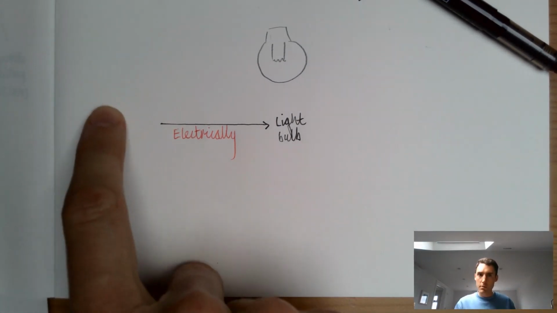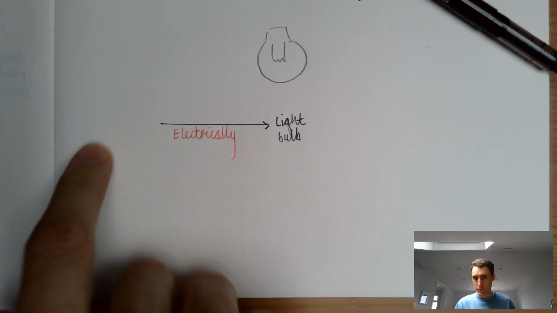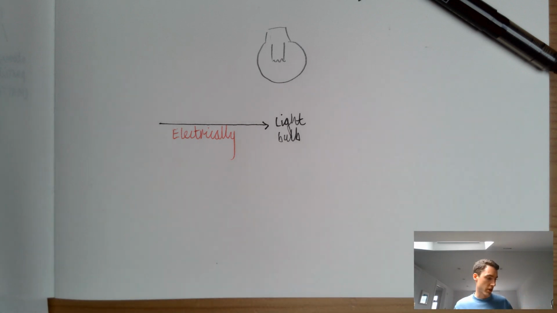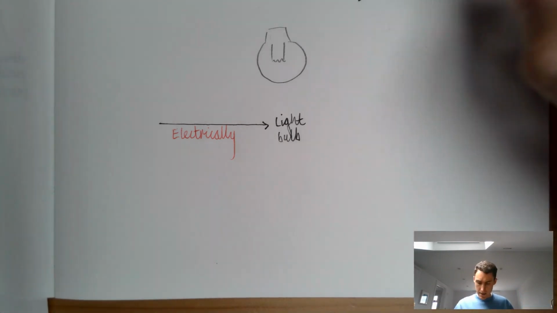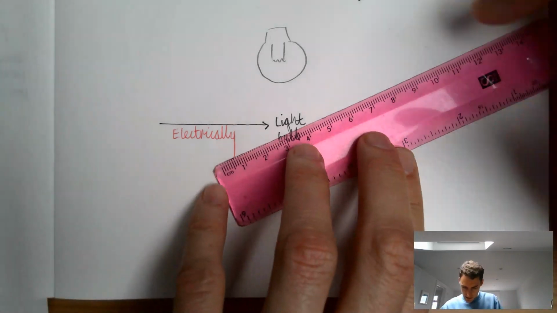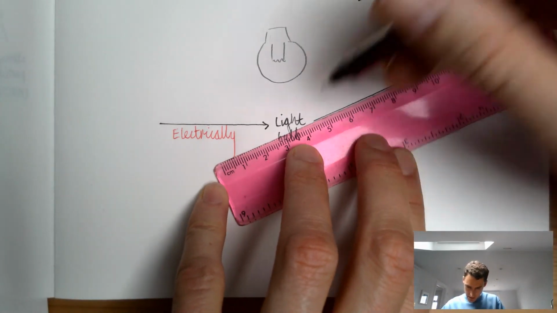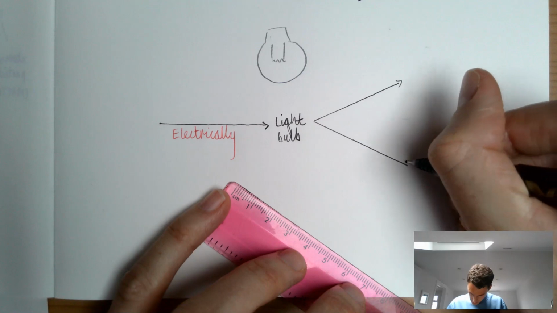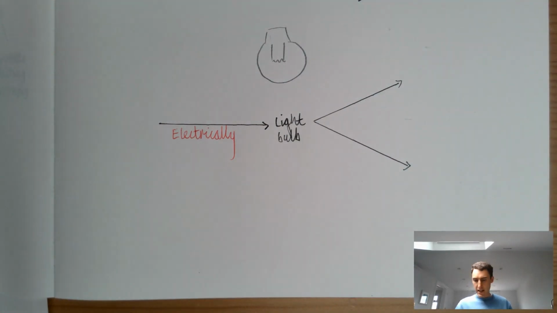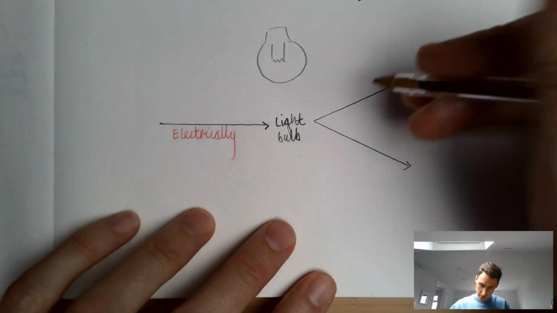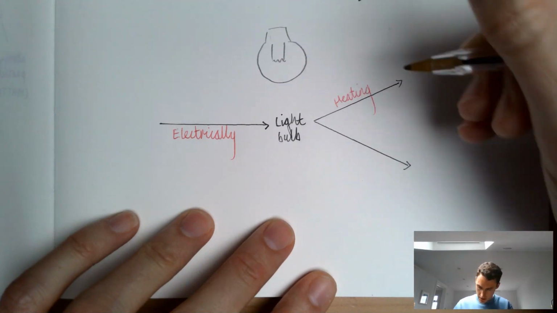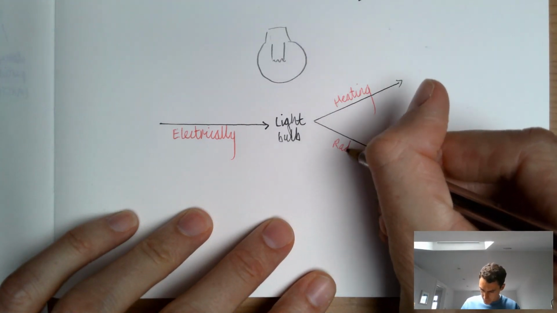So again, students may not be mega happy with this, but I would say they've got to leave this blank because they don't know where that energy was stored originally, unless it's come from a battery. What they do know is that it comes out in two ways, which I'm going to draw like this. And again, this is just a nice way of illustrating these other two energy transfers. One is heating and one is radiation.